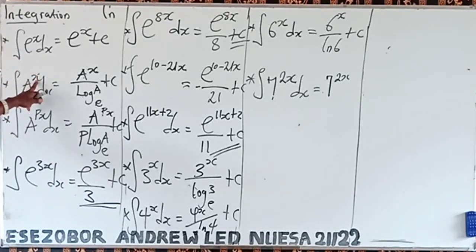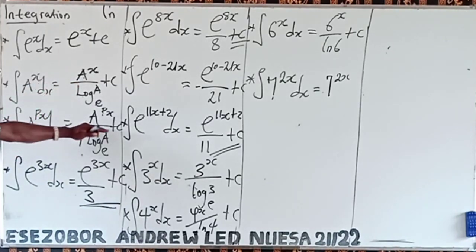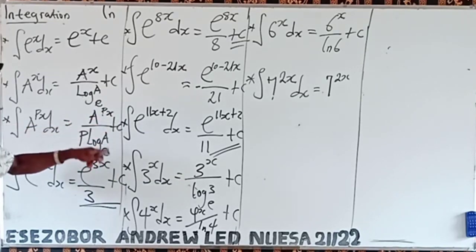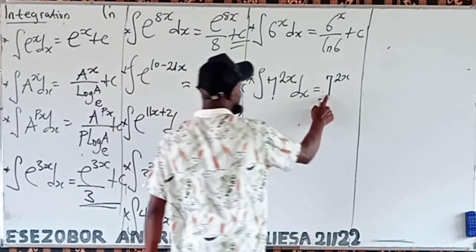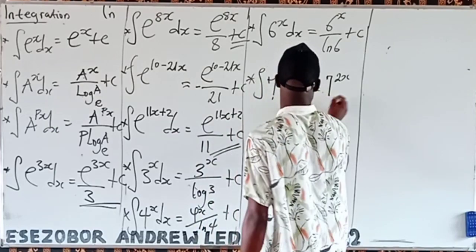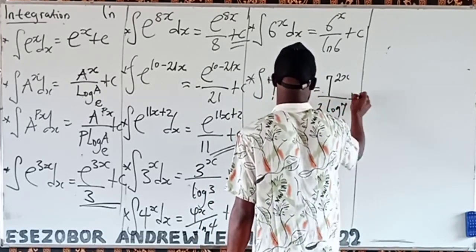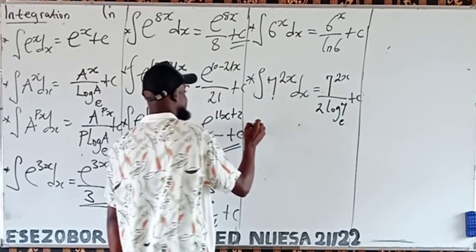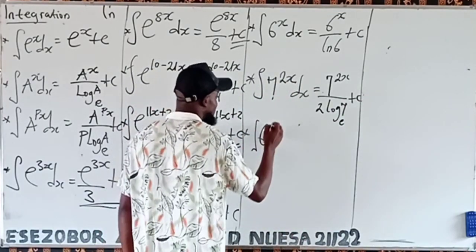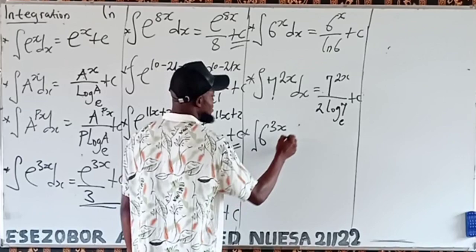We have just x here, but for that one we have 2x, so this one is coming from the third rule. Remember the law: a raised to power px over p log a to base e plus c. So I'm going to have a here 7, p is 2, all over p log a to base e plus c.